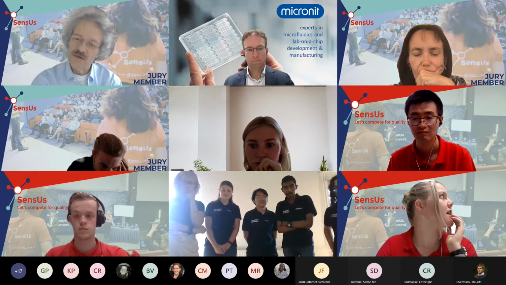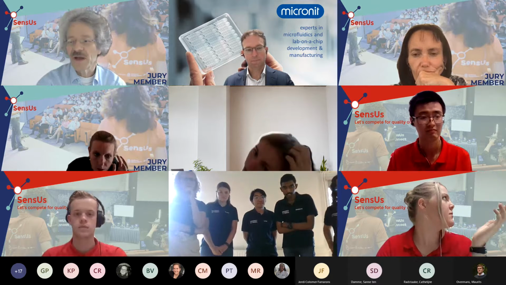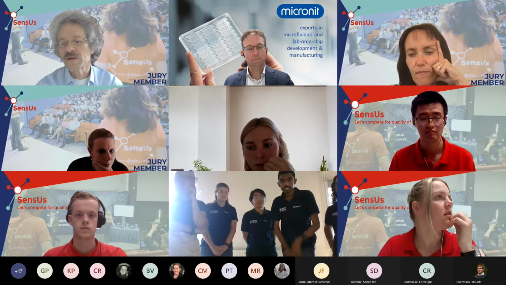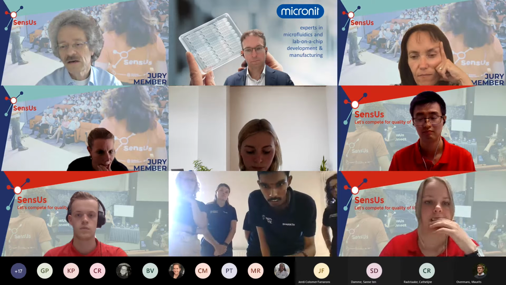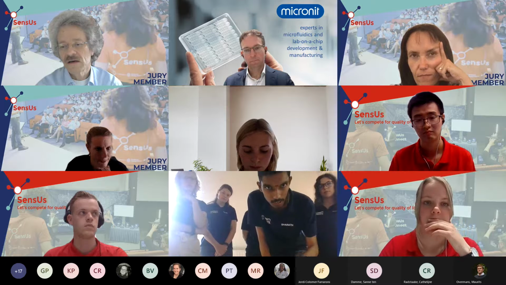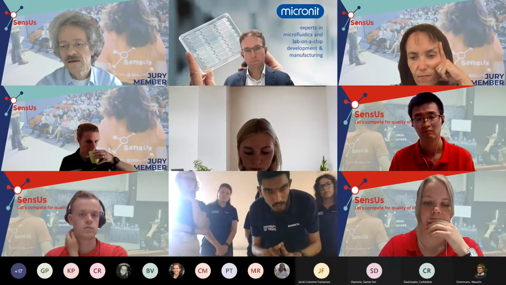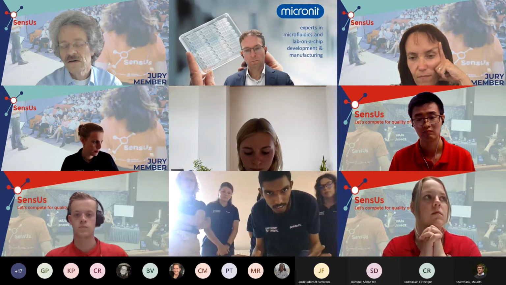Would you be able to actually increase your sensitivity by a different design of your resonator? Is there also a possibility for that? Yeah, it is possible. Right now, the ring we are using is almost 500 micron in diameter, with multiple resonance peaks. The distance between two peaks is almost 500 picometer.